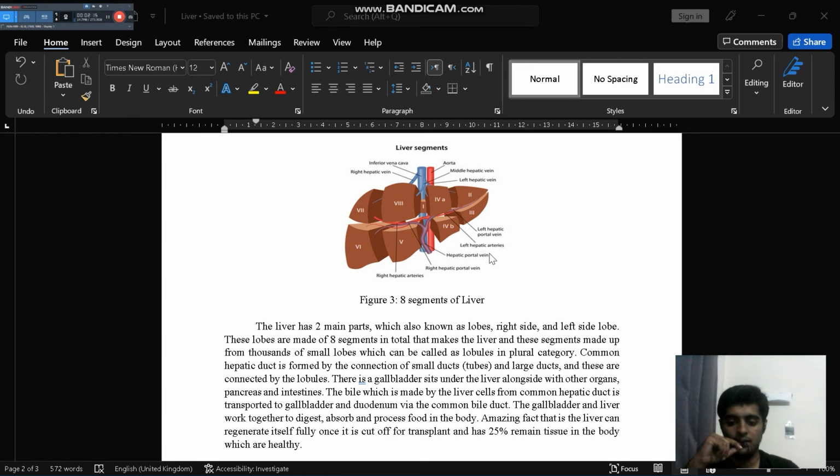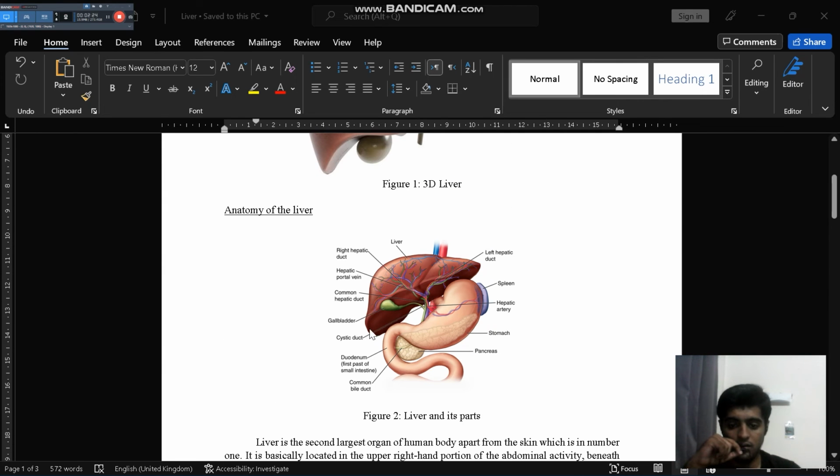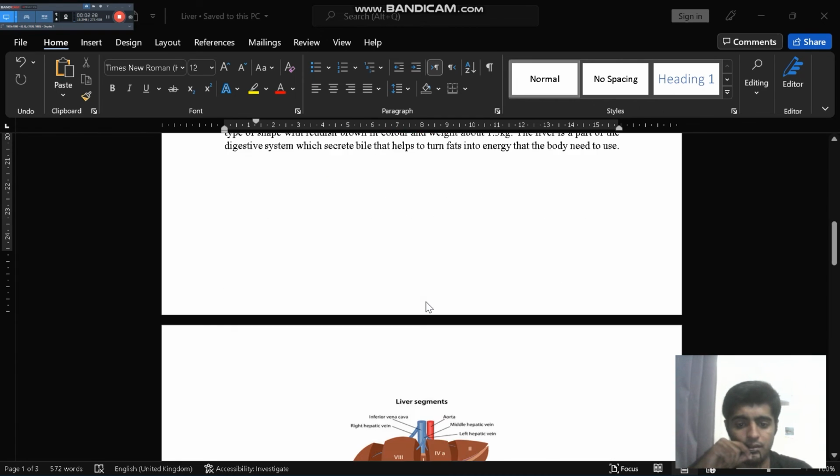The common hepatic duct is formed by the connection of small ducts and large ducts, and these are connected by the lobules. So here's the common hepatic duct.